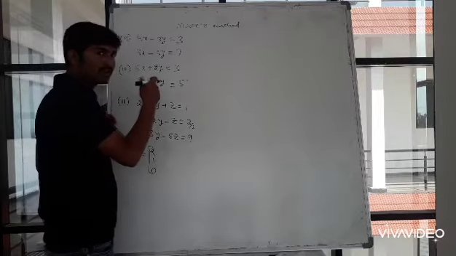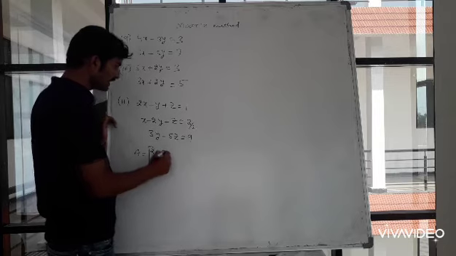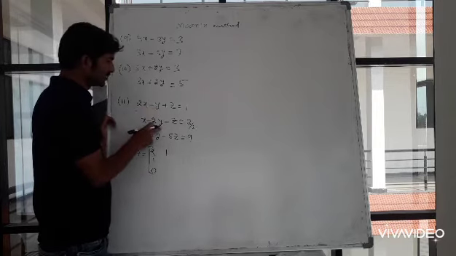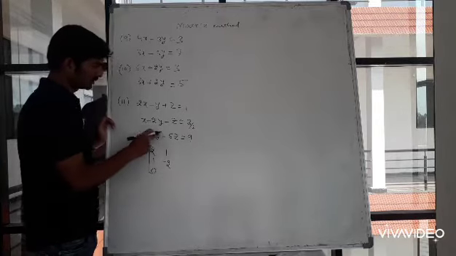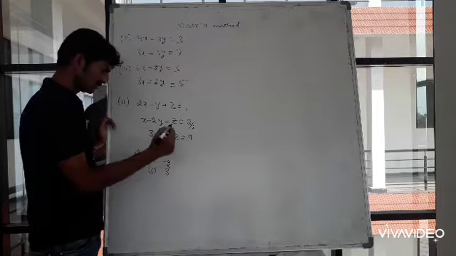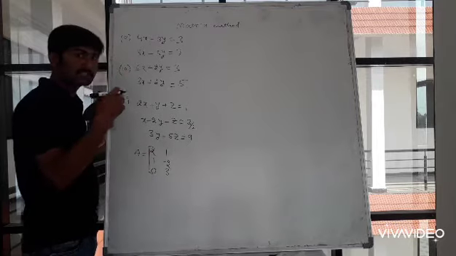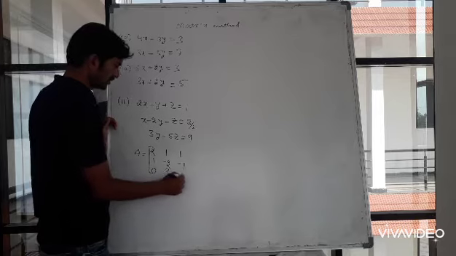Second column means coefficients of y. What is the coefficient of y here? 1. Here y, minus 2. Here y, the coefficient is 3. Then the third column, the coefficients of z: 1, minus 1, minus 5.